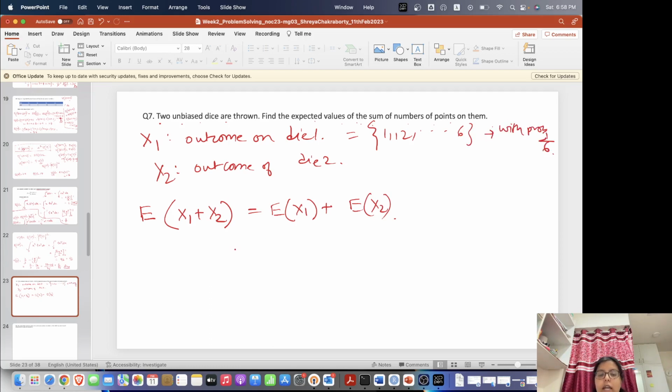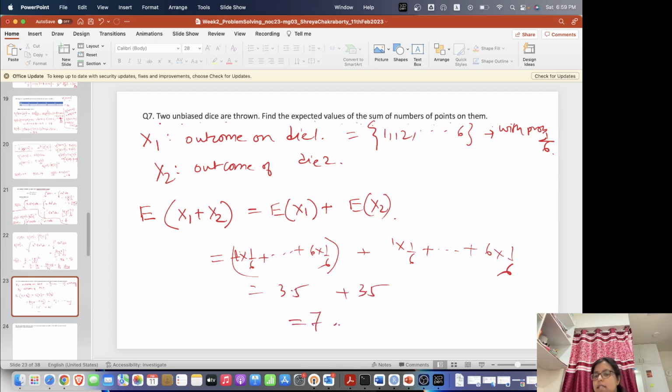So expectation of x1 was nothing but 1 into 1 by 6 plus up to 6 into 1 by 6, that we did a few problems back. For x2 also it's the same. So this came out to be 3.5 plus 3.5, total is 7.